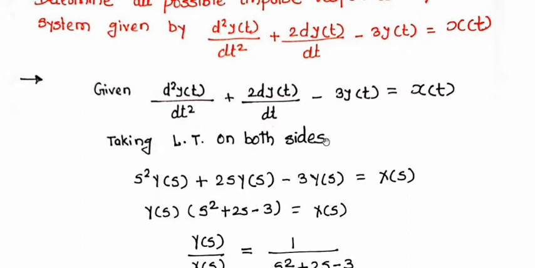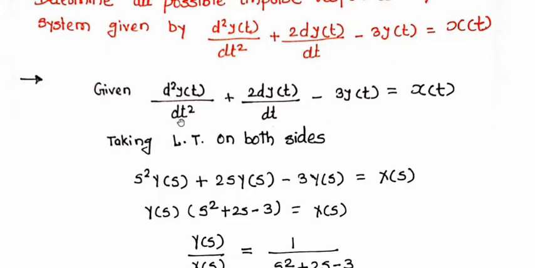Let's take Laplace transform of both the sides. Now we can use here the differentiation in time property of Laplace transform, where if we take a single derivative, the effect in s domain is that y of s will be multiplied by s.